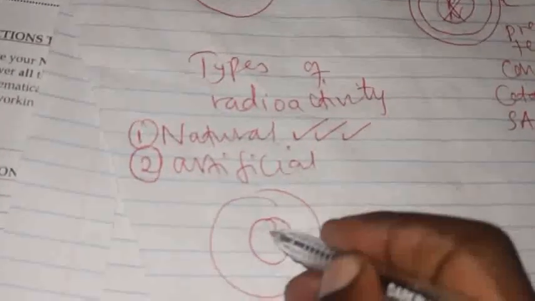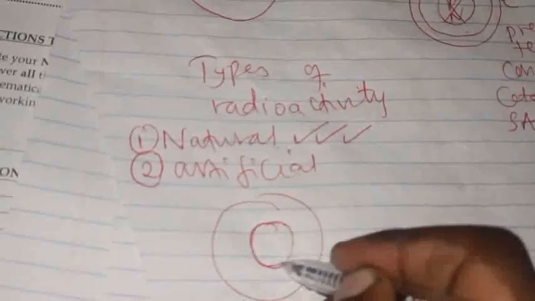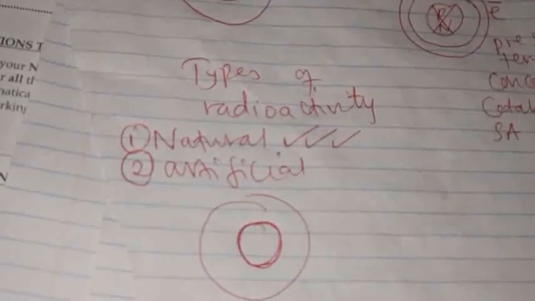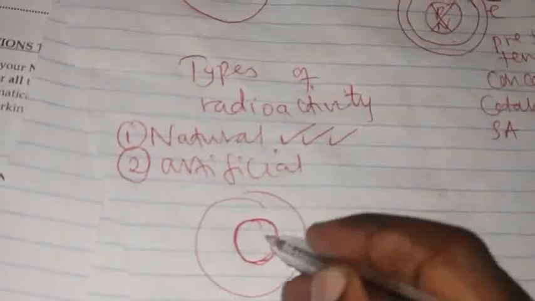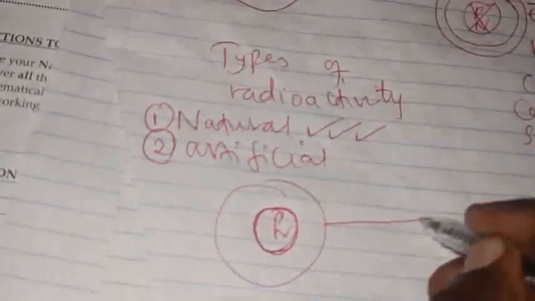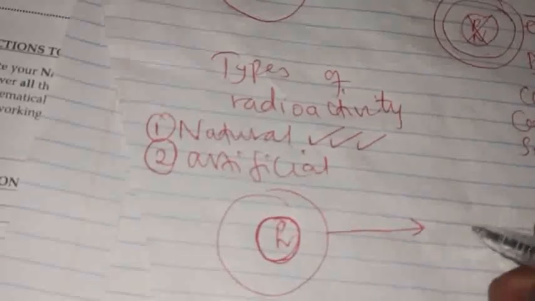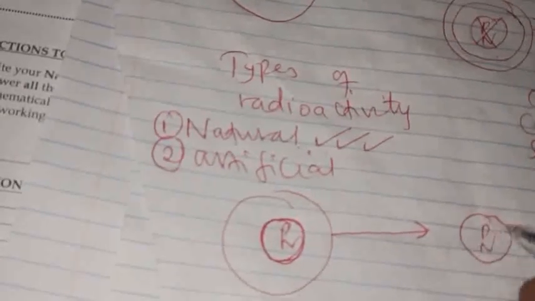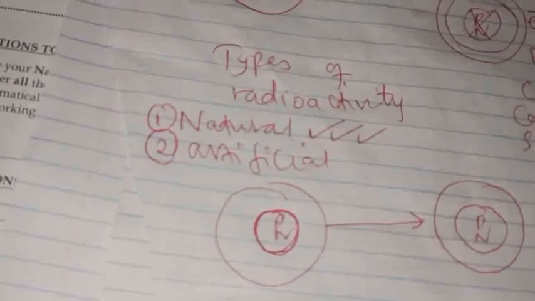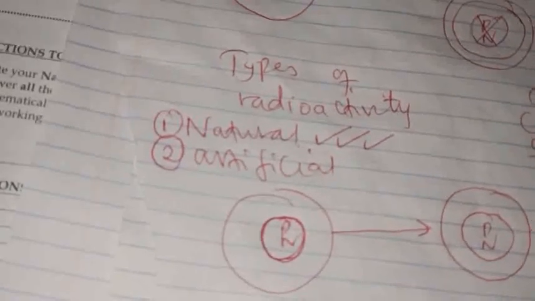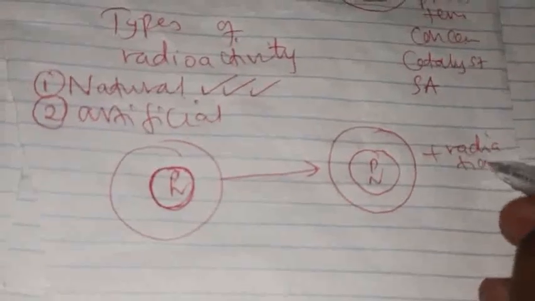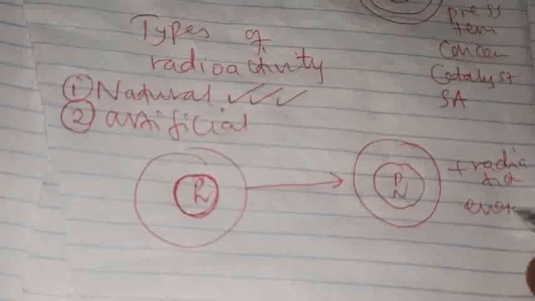With natural radioactivity, you'll find a radioactive nuclide, a very unstable nuclide, splitting spontaneously to yield a new nuclide with the emission of radiation and energy.